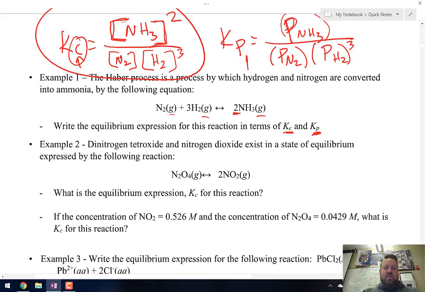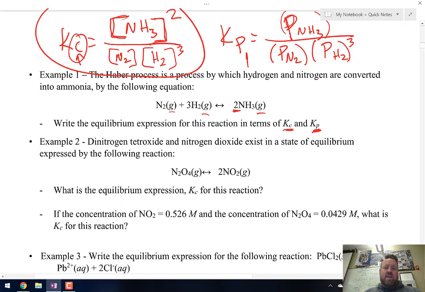Okay, example number 2. Dinitrogen tetroxide and nitrogen dioxide exist in a state of equilibrium expressed by the following reaction. What is the equilibrium constant expression Kc for this reaction? So Kc would equal the concentration of NO2 squared over the concentration of N2O4.